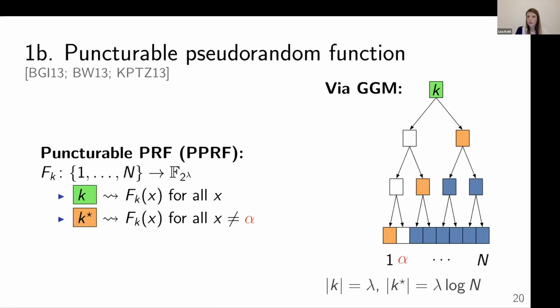As a short reminder, you can see the tree, and you go along the tree by taking either the left-hand or the right-hand output of a length-doubling pseudorandom generator. If I give out the green key, you can learn everything. But if I give out instead the orange keys, then what you can learn is exactly what is orange and blue, so you can learn everything except for alpha. The key size is lambda times the length of the tree, so log n.